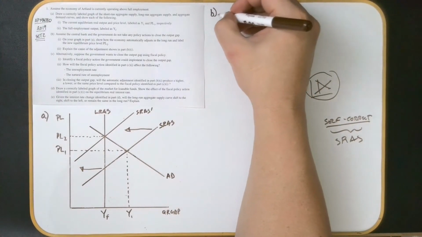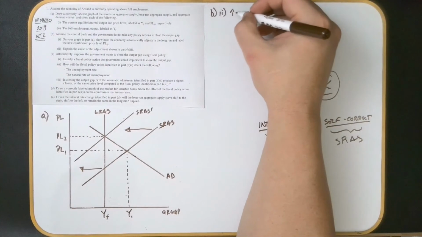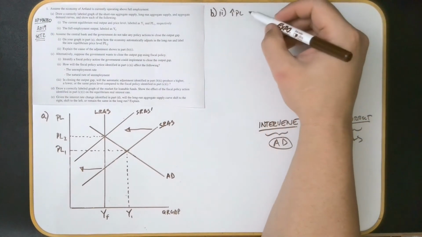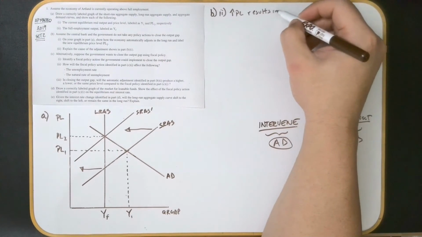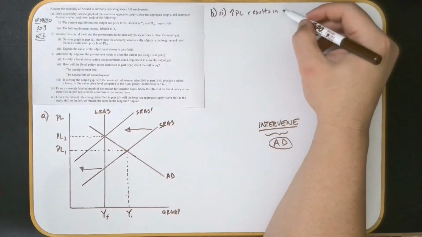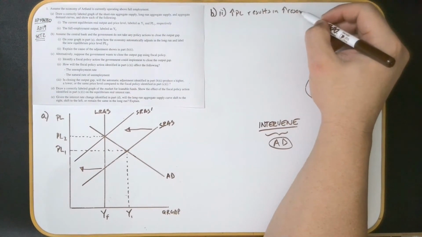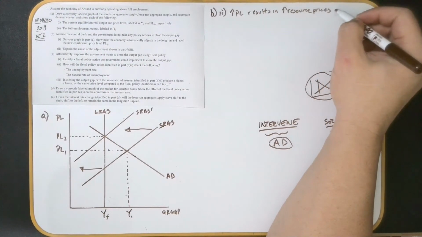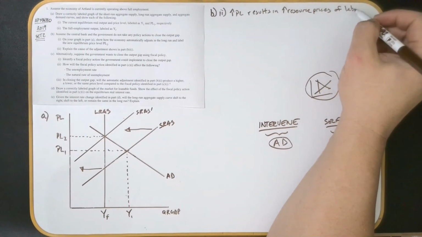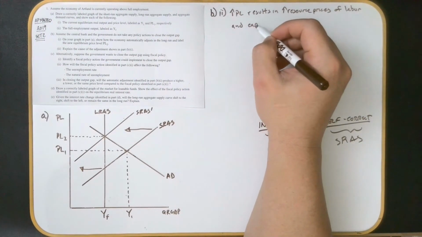So our explanation here for this is going to be an increase in price level results in an increase in resource prices of labor and capital.